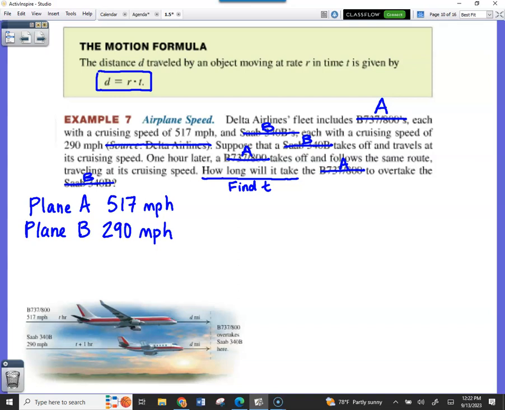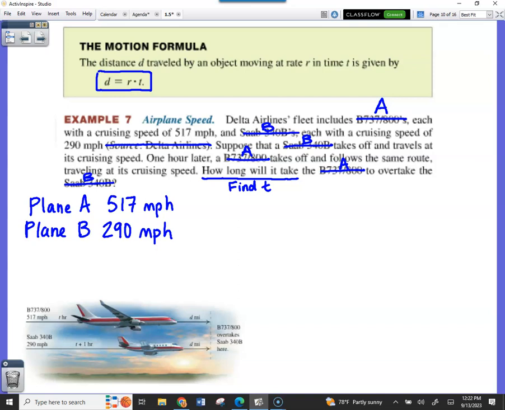So if we're looking for when, so you got plane B takes off first, plane A takes off and then reaches it, and then passes it. We want to know when does it reach it. So we're looking for when their two distances are the same, right? When plane A has reached plane B's distance, because they're at the same distance from where they took off.